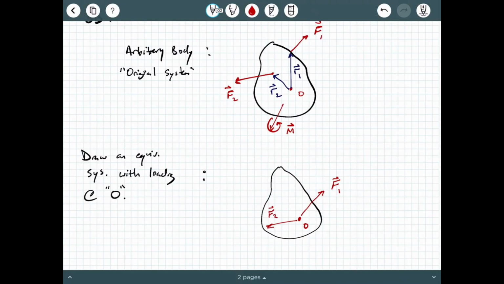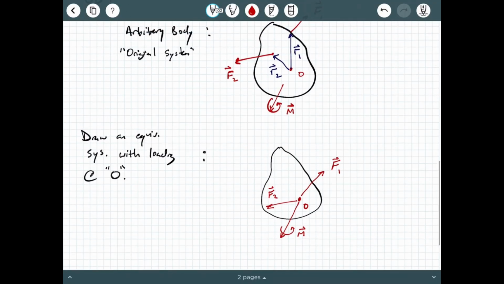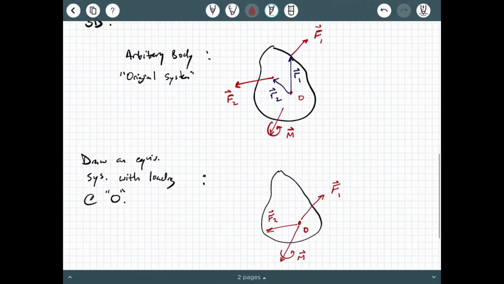And then we can translate this moment over to point O, same moment M. Now, because F1 and F2 were at a distance R1 and R2 away, you have to account for the effect of bending that each of these forces is having at point O. So I need to further draw the equivalent moments caused by F1 and F2.